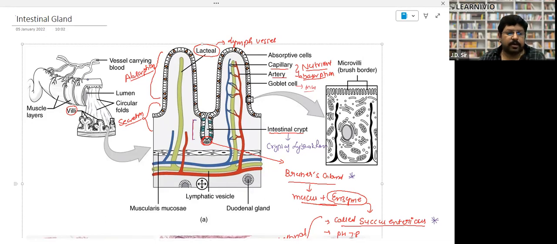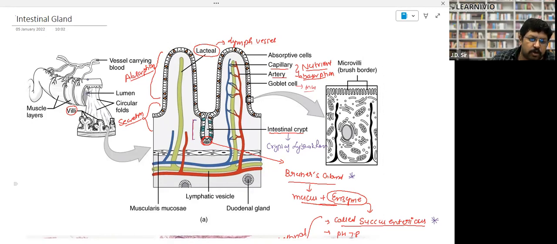Right? The inner wall of the intestine has finger-like projections. Right. This is the lumen, meaning the space in the intestine. And there are circular folds. Right. These circular folds have villi. Villi are folded finger-like structures. Right? And they increase the surface area. Right? Villi.